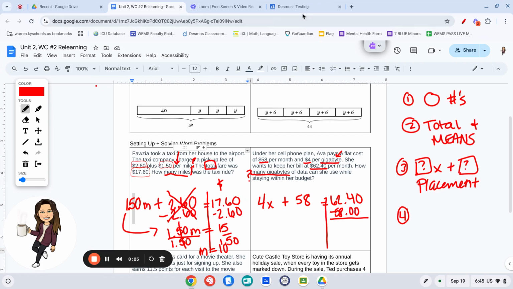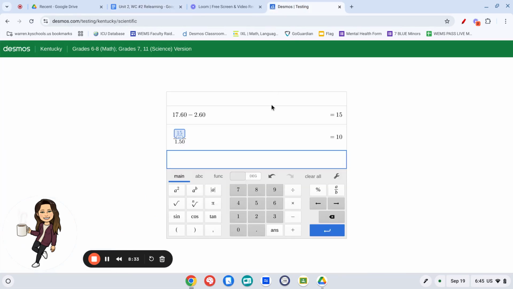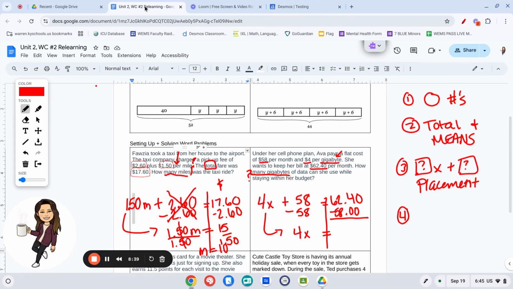I'm going to use a calculator for that. Bring my 4x down. So 62.40 minus 58 is 4.4. Which, in money, is $4.40.